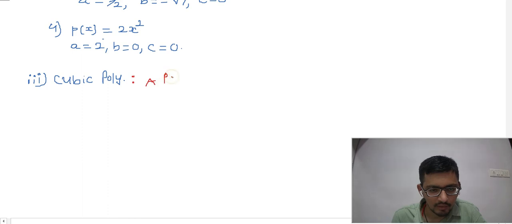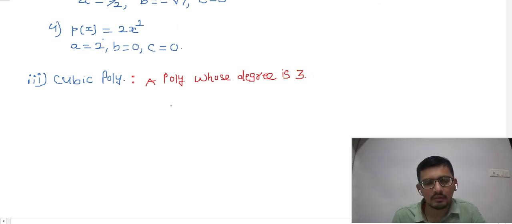A polynomial whose degree is 3, meaning the maximum power is 3, is called a cubic polynomial.